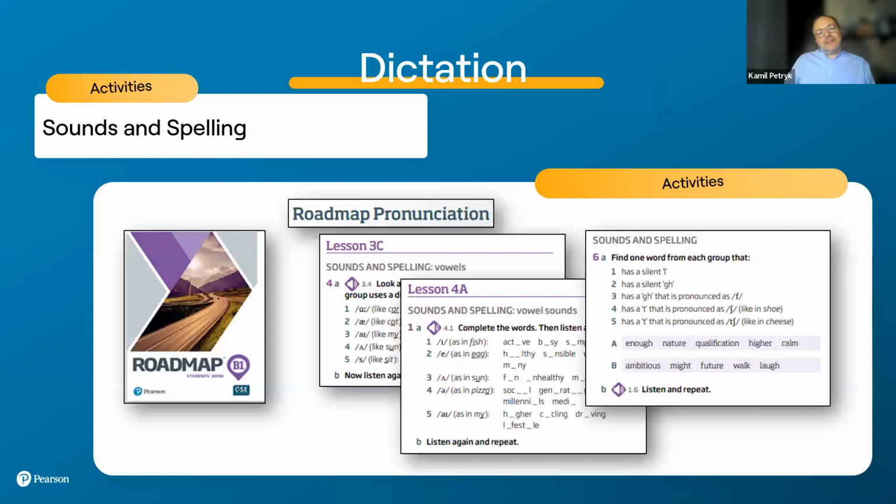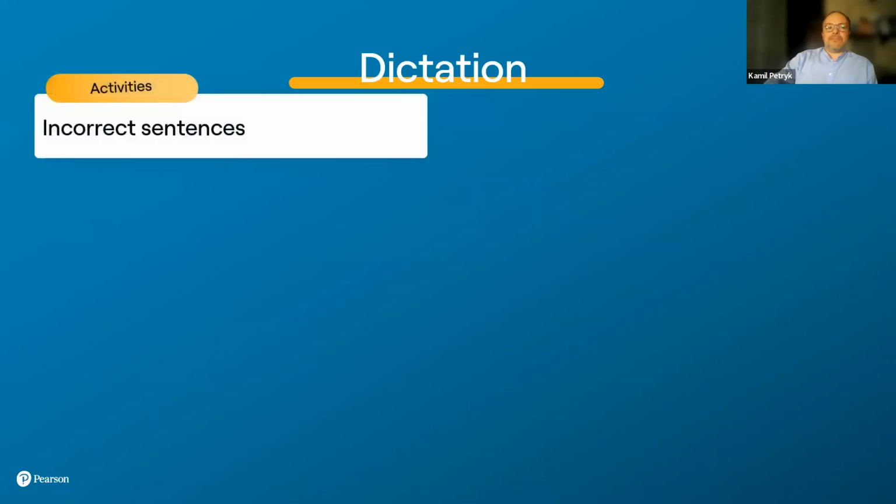So you can find a lot of activities like that in Pearson courseware. This is also great preparation for dictation, especially for the moment where they have to check spelling, or the moment they have to take down the word they hear. When they practice the relation between sound and spelling, it's much easier for them.